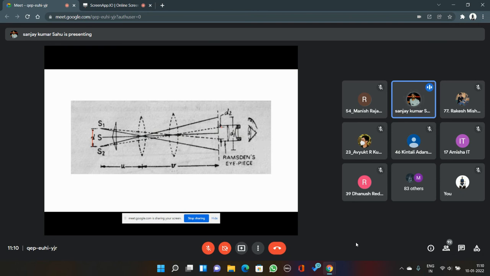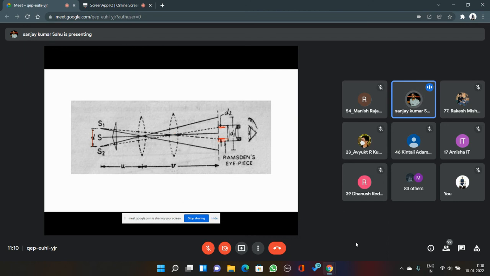Now how to find d1? Once you place the convex lens here, take the distance from one virtual source to the other. That is going to give you the value d1. Now move the convex lens toward or away from the biprism while looking at the eyepiece.